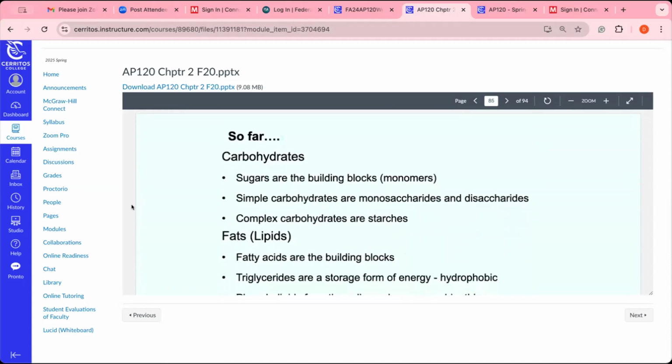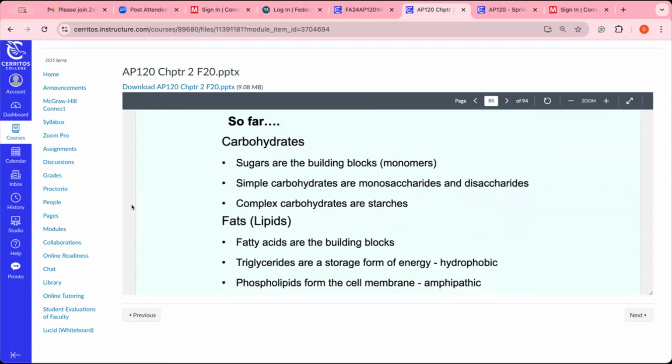So we're doing a recap again. Carbohydrates: sugars are the building blocks, the monomers of carbohydrates. Simple carbohydrates include monosaccharides with one chain and disaccharides with two chains. Complex carbohydrates are starches. Fats or lipids are made from fatty acids. Triglycerides are a strong storage form of energy. They're hydrophobic.